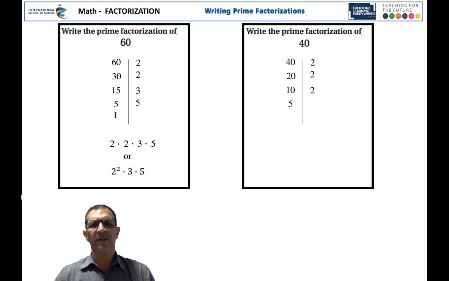Now it's 5, because 10 divided by 2 is 5. And now the following prime number is 5. 5 divided by 5 is 1. Remember, when we reach 1, we stop. Conclusion: the prime factorization of 40 is 2 times 2 times 2 times 5, or 2 cubed times 5.